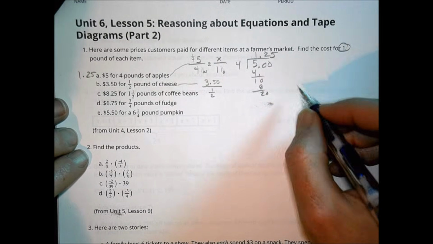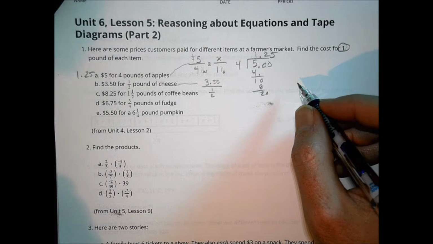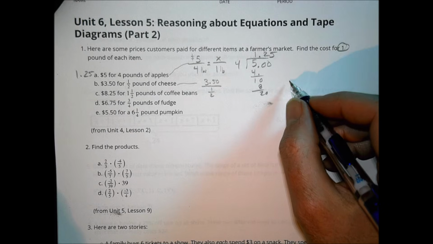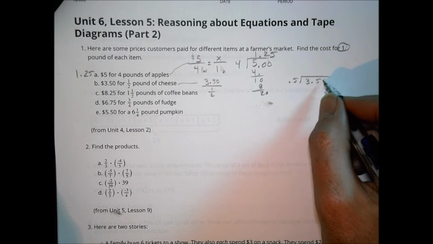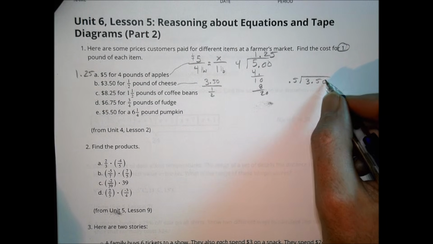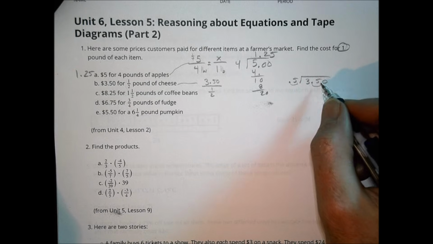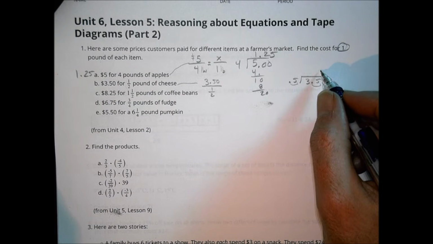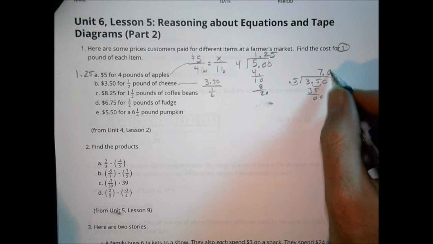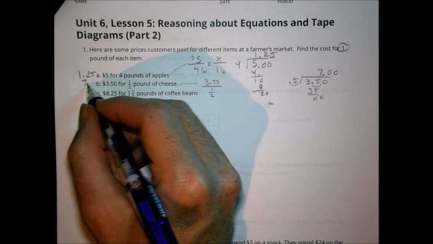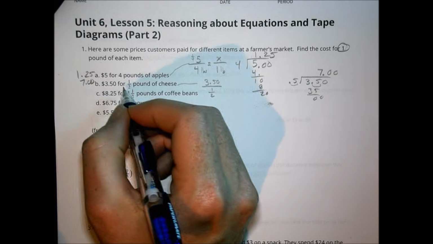But if you want to do the math on it, we can do 0.5 as the half and put that into 3.5. Move the decimal over 1, move the decimal over 1, and we end up with 7. So it becomes $7 there, which again is the same as doubling 3.50.